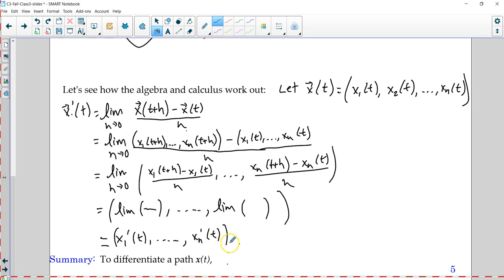So, bottom line, to differentiate a path x of t, differentiate the components.